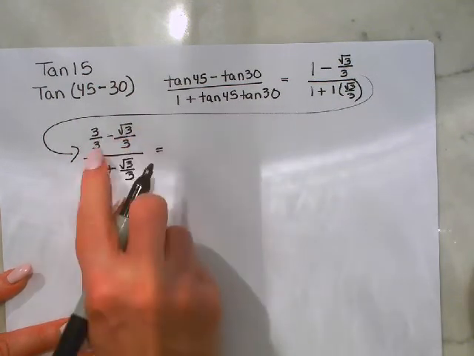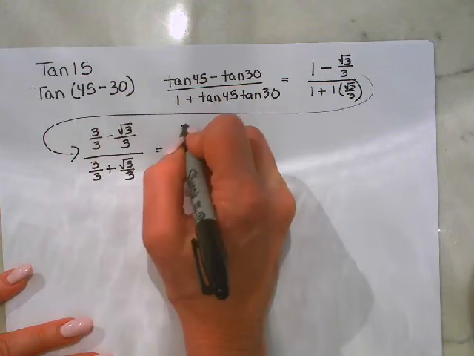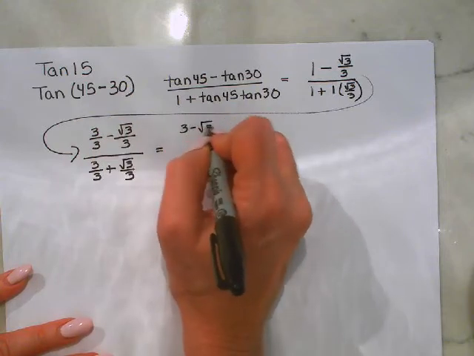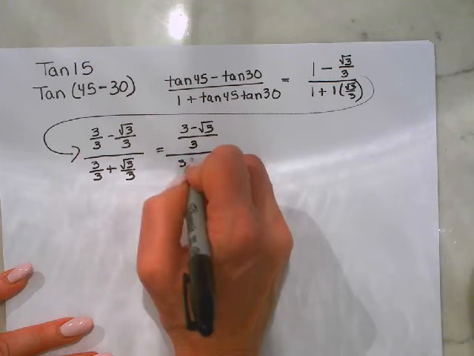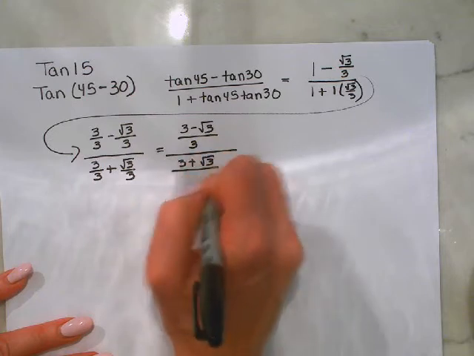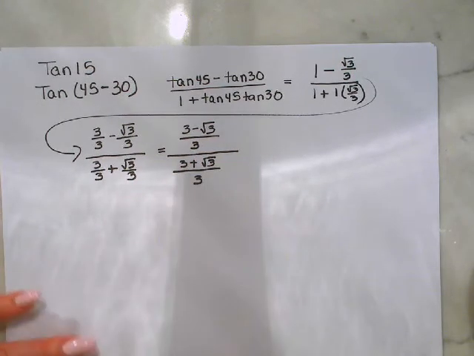Now this becomes, again, same denominator, can't combine the numerators, so it's just going to be 3 minus radical 3 over 3 all over 3 plus radical 3 over 3.